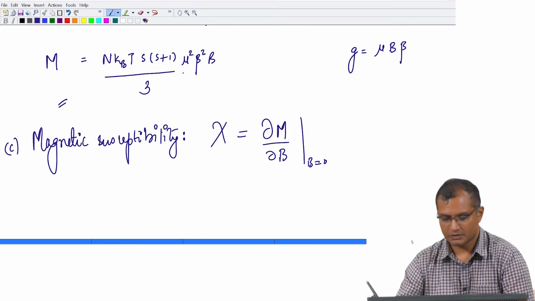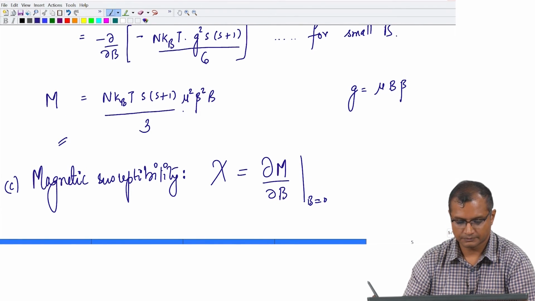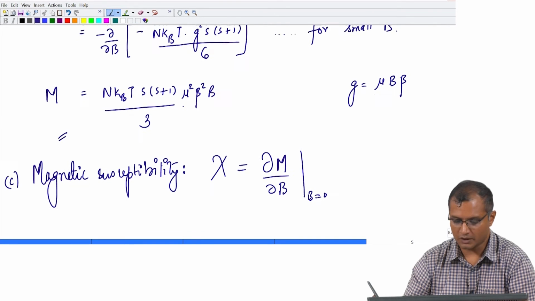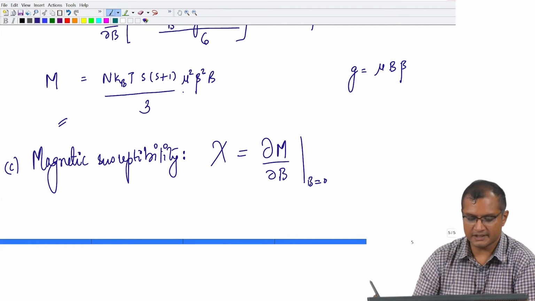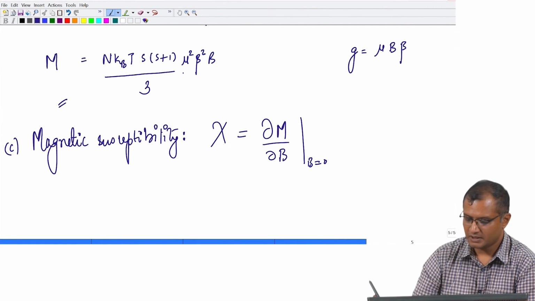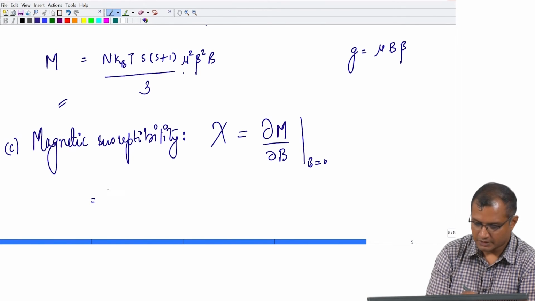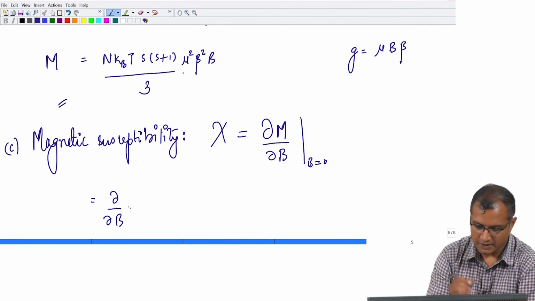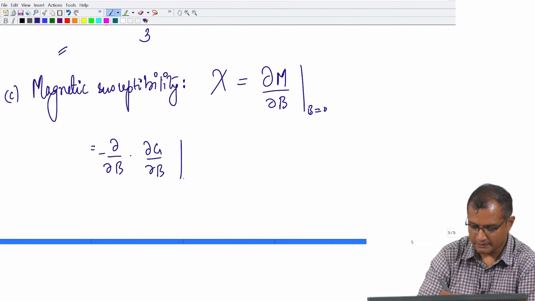Okay. So, or what I can do here is not take this approximated value of M, and compute M, okay, from the Gibbs free energy. So, I can write this as d over dB, and M itself is minus dG over dB, okay, at b equals to 0.